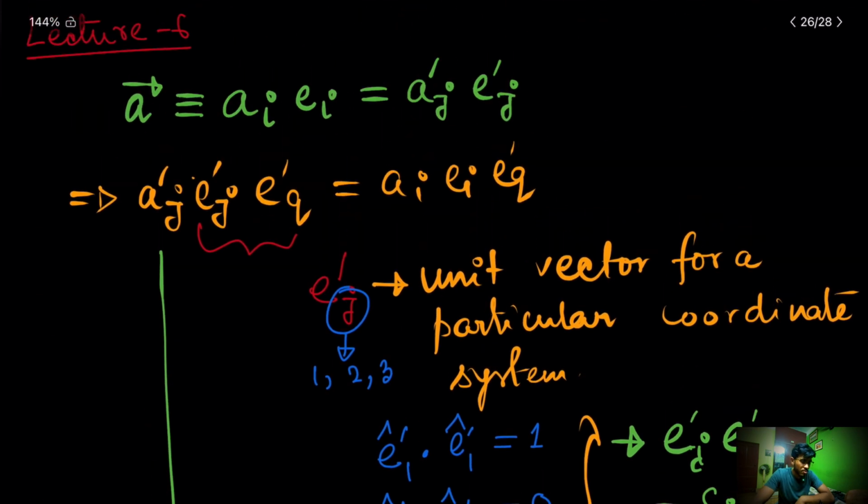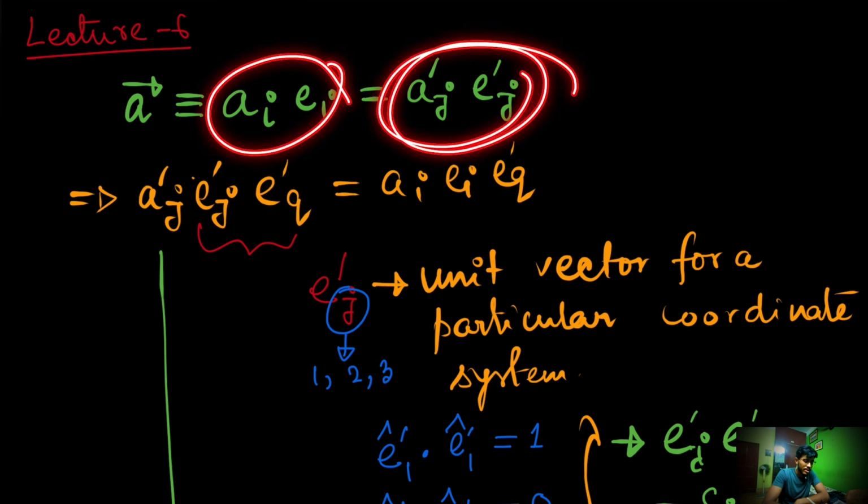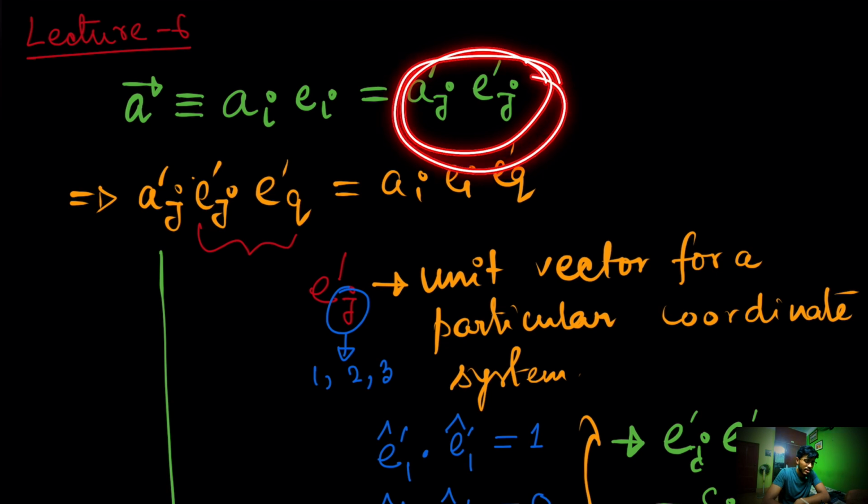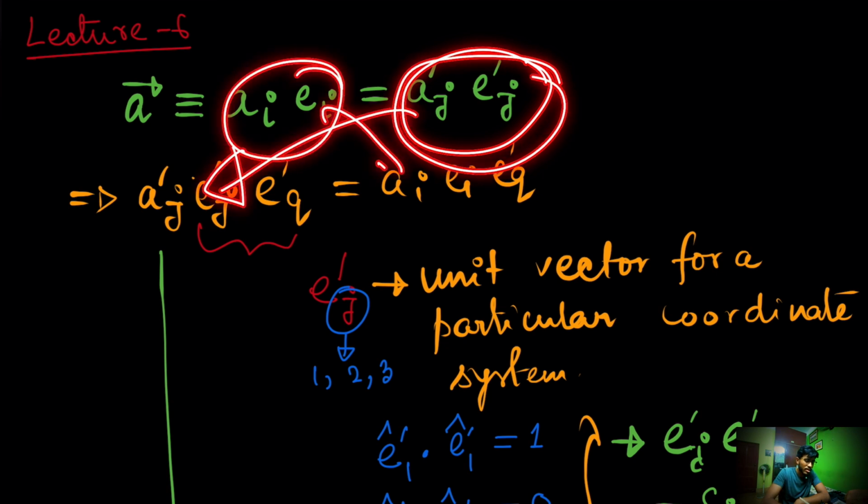So let me go through the proof once again because I had made a small mistake here. Just to see quickly, these two are the same expressions of the same vector in different coordinate systems, and I have written this side now here and this now here.